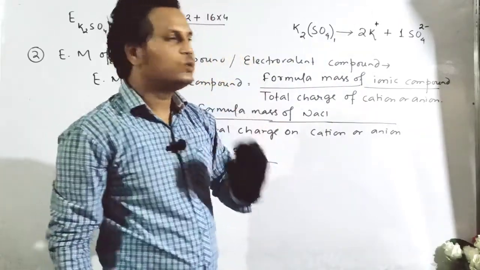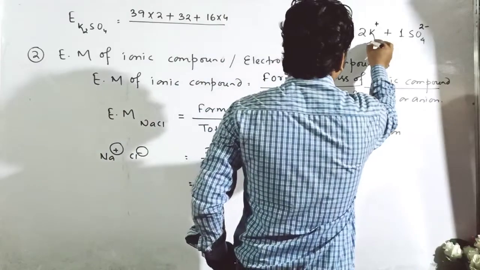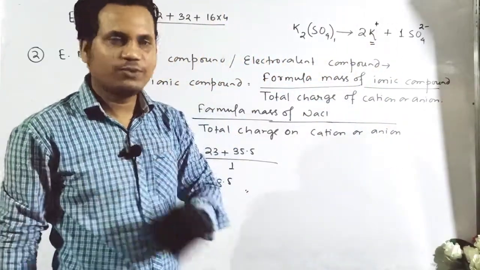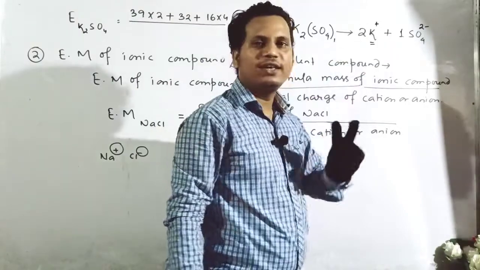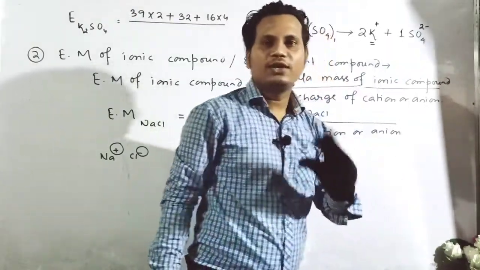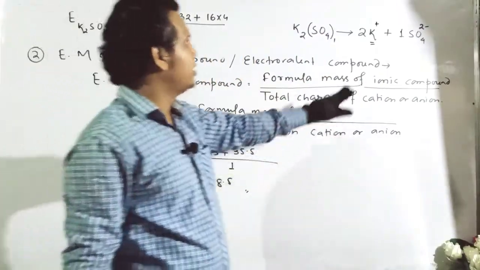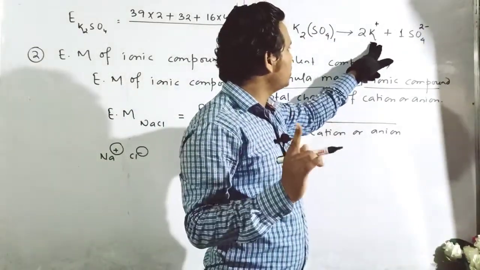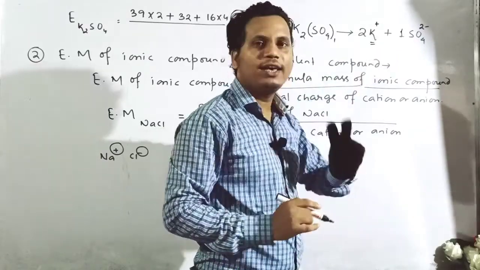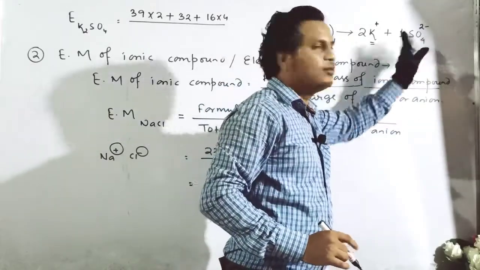What is the total charge on the cation? K plus means 1 K contains plus 1, 2 K contain plus 2. SO4, what is the charge? 2 minus. So here 2 plus, because 1 potassium ion has plus 1 charge, 2 potassium ions have plus 2, and here minus 2.